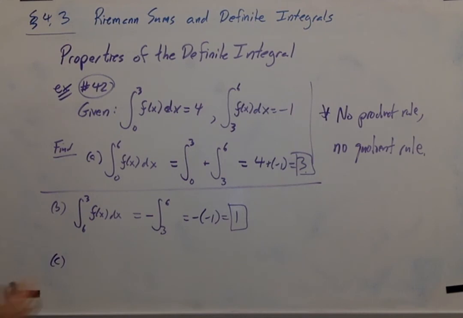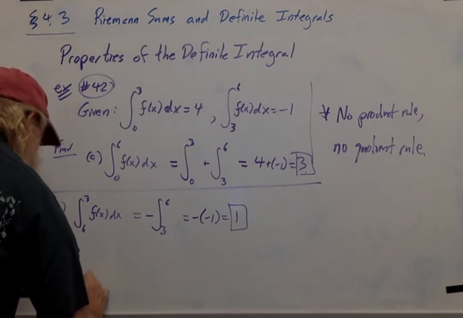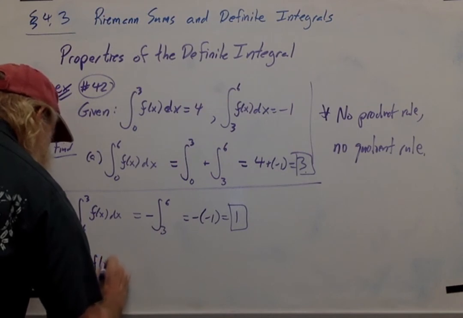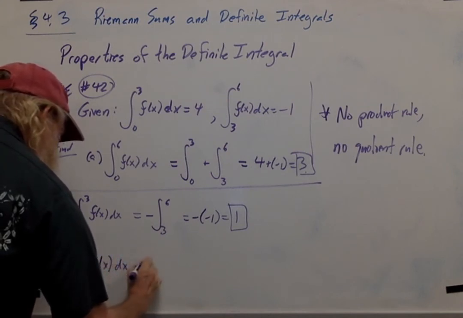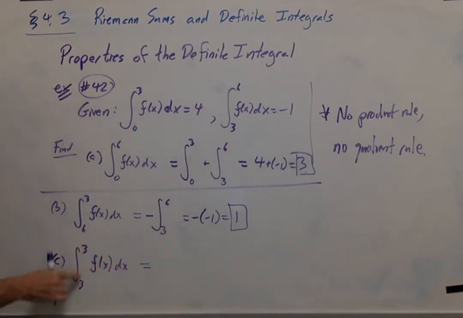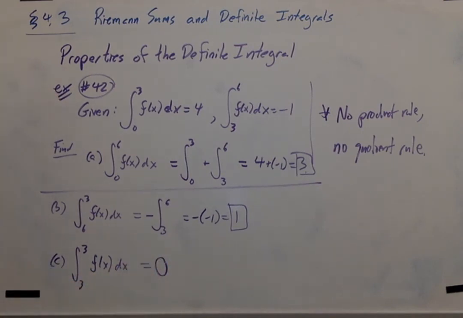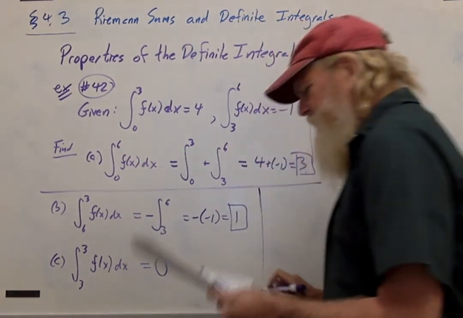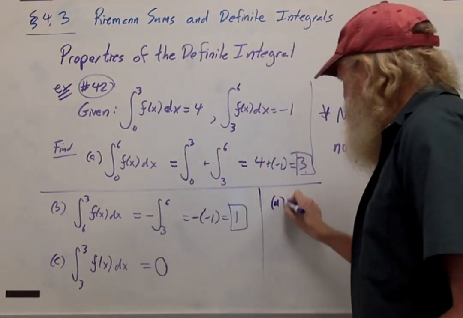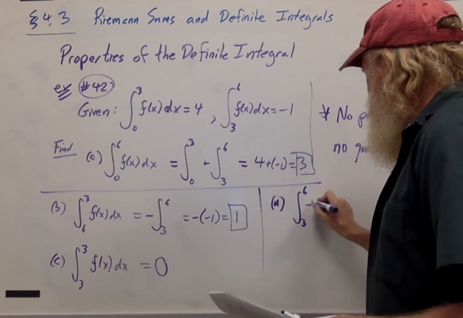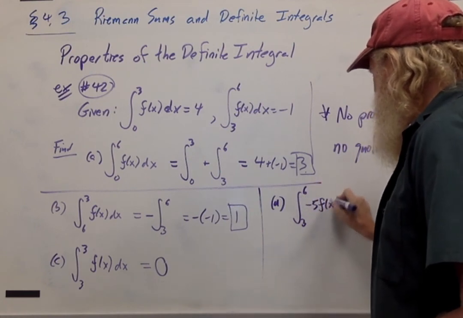In part C, they ask you to find the integral from 3 to 3 of this function. Well, since the two endpoints are the same, that integral is 0. And last, in part D, they ask you to find the integral from 3 to 6 of -5 times the function.